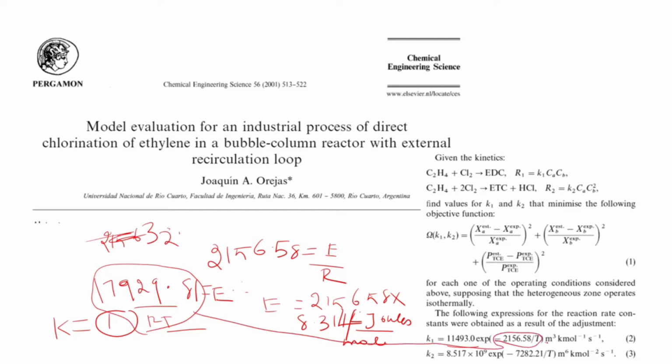And then the K value, the kinetic constant, is expressed in terms of meter cube per kilomole per second. So keep these things in mind, and we are ignoring this reaction at the moment in this particular project. So let's go back to the Aspen HYSYS software.